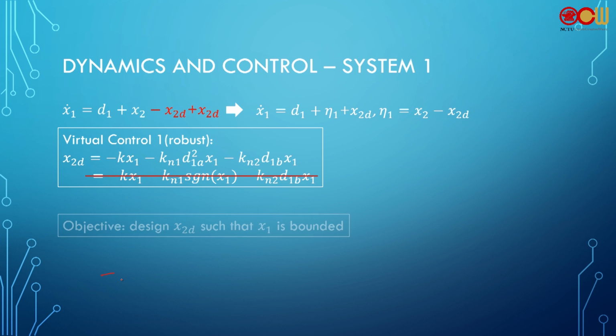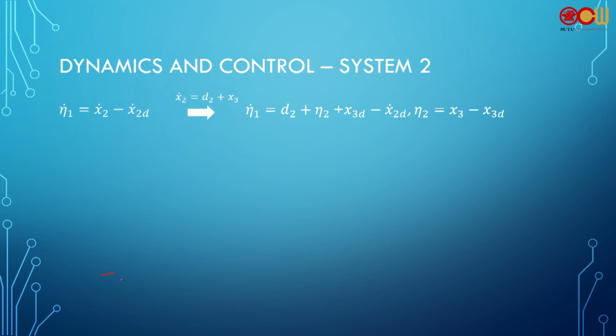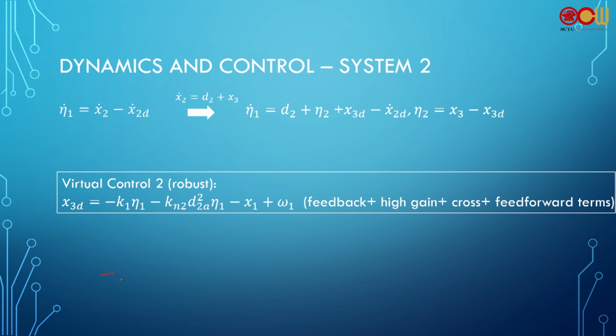Because later in the second system, you need to put x2d in your virtual control and cancel out this x2d. In the second system, x3d is the virtual control input. In x3d, you need to cancel out this term and create some feedback term. So you need to put x2d dot in your virtual control.